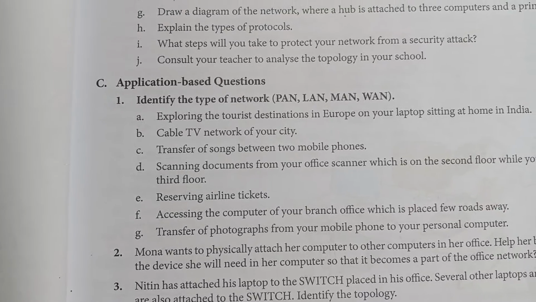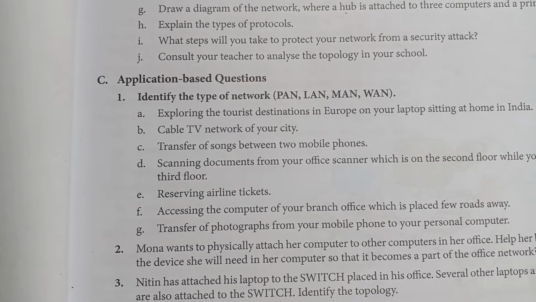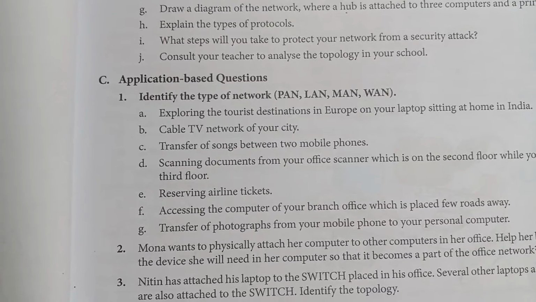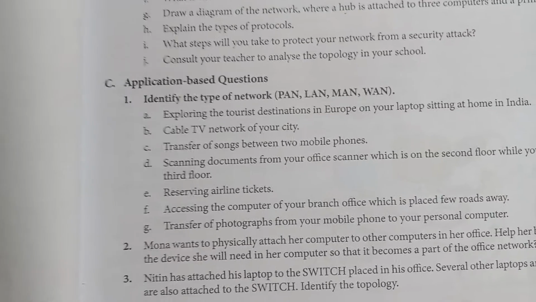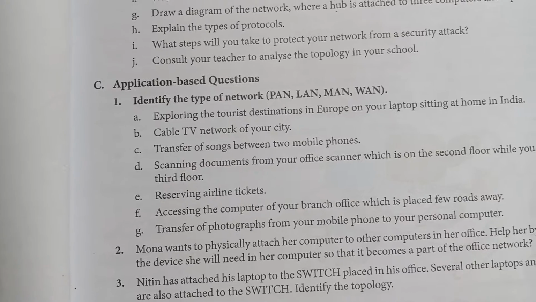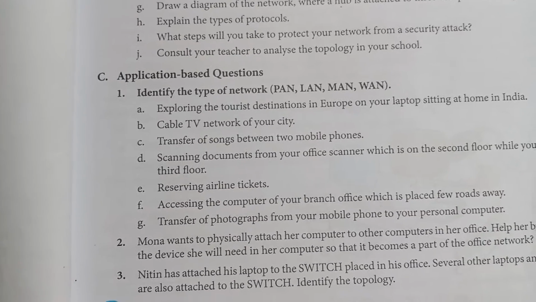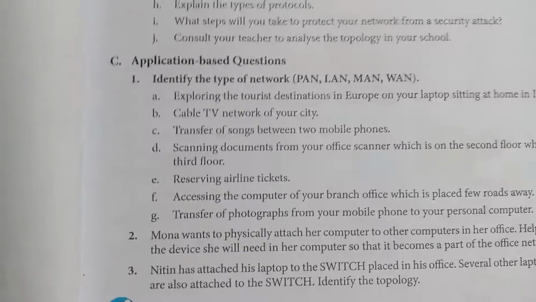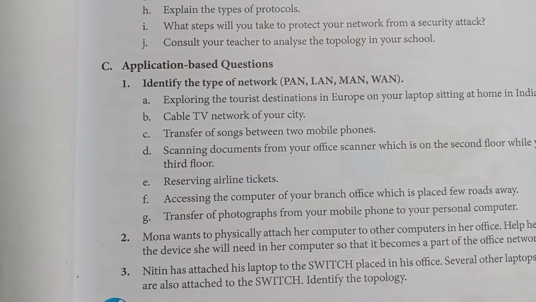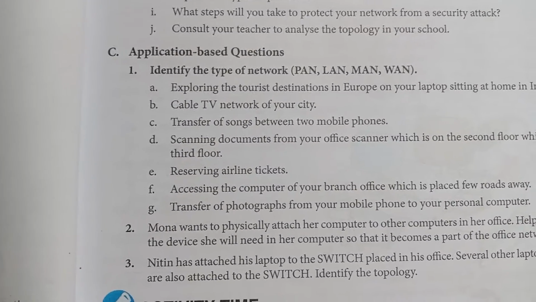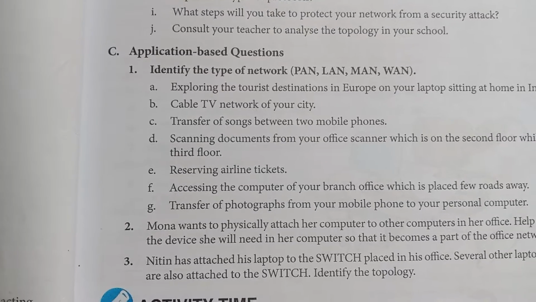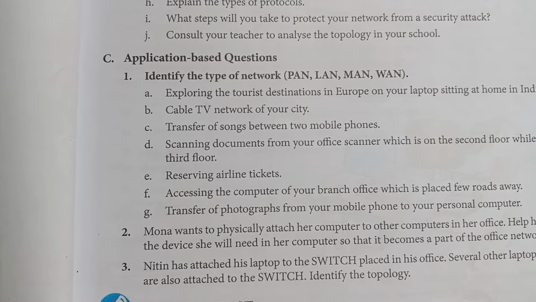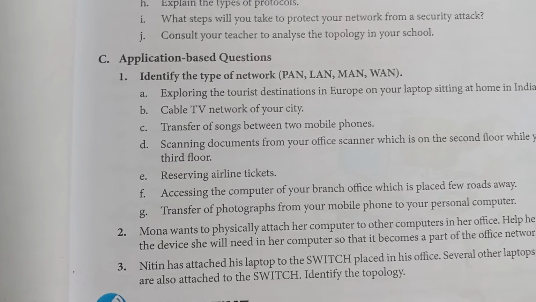LAN, local area network. A local area network is a network of devices in a room, building, or campus. When we are creating a network in a room, building, or campus where the computers are connected to each other, it is called a local area network. MAN, metropolitan area network, is a computer network in a geographical area or region larger than that covered by a LAN but smaller than the area covered by a wide area network.